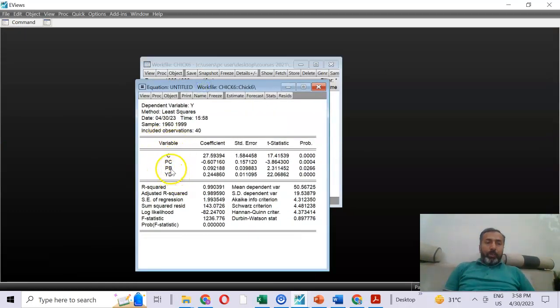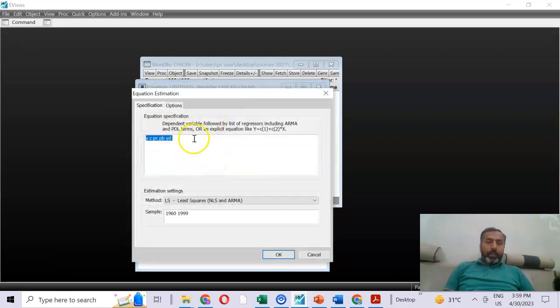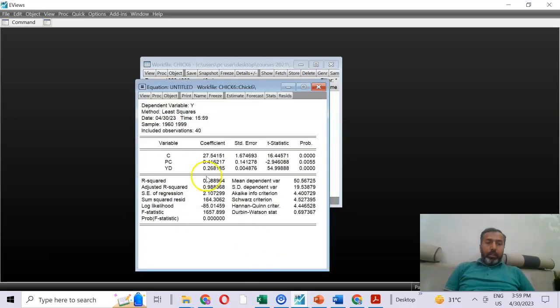Now we will drop one variable. Let's say we drop pb and re-estimate the equation. If we drop pb here and click OK, this is our new equation in which we don't have price of beef.